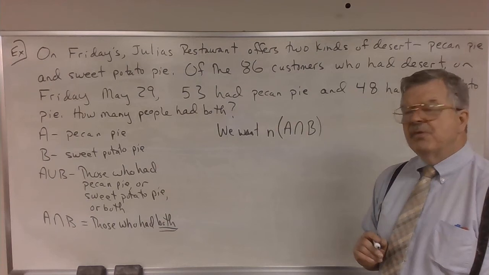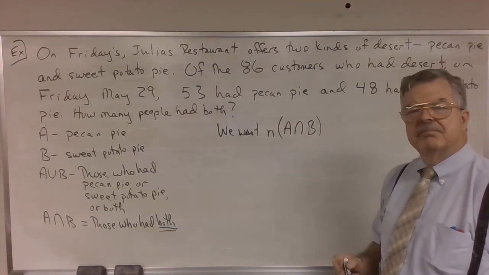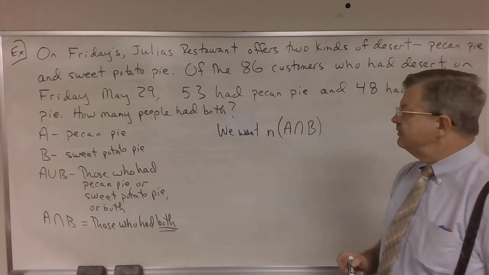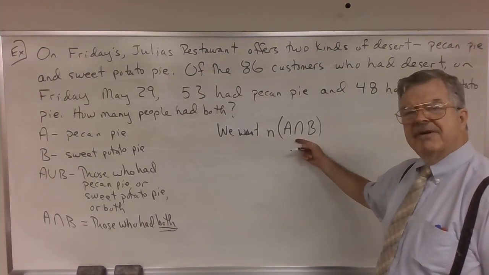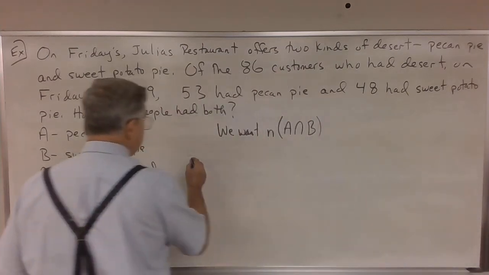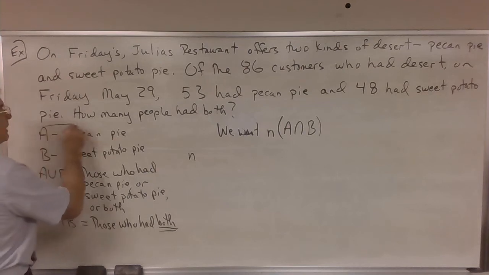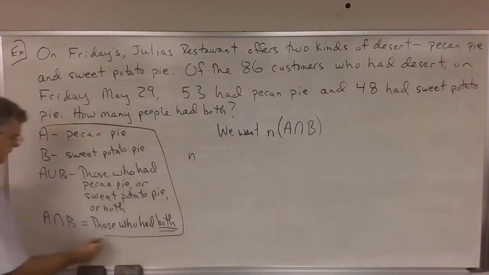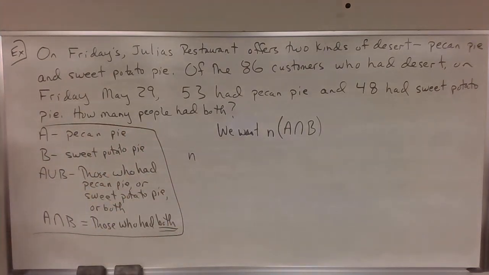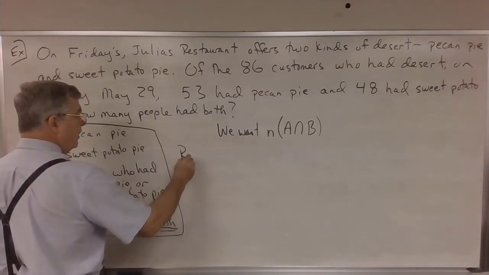Now we have a formula that involves this number. Let's see if we can use that to find this amount. Here's our formula. Let me just sequester this information just to make the board easier to use. And I'll use the word recall.